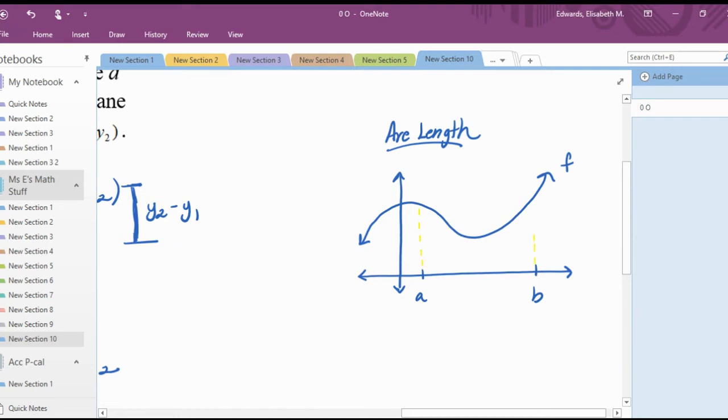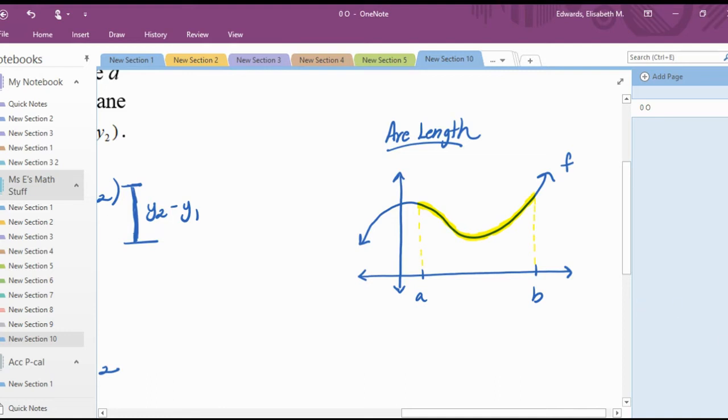Let's use your imagination really quick. Imagine that you take some string and you put one end of the string at the point A, f of A, and then you press the string down to follow the path of this curve until you get to the point B, f of B.